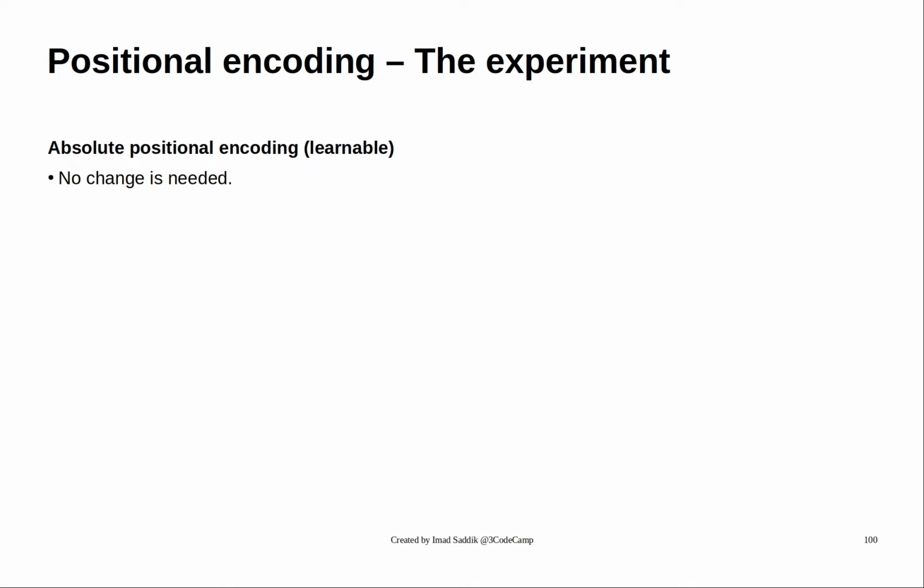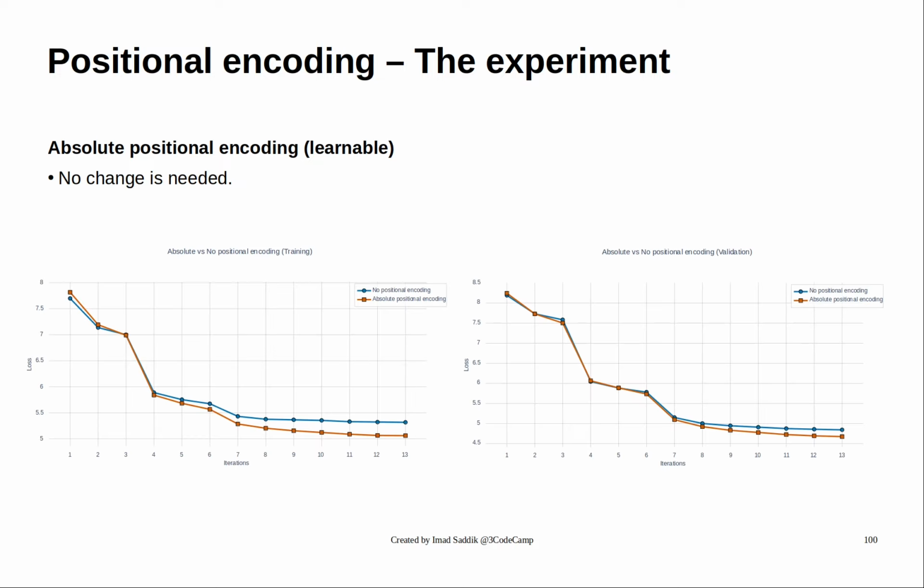So I will not go to VS Code, I will directly show you the results and compare this method to the no positional encoding. Here we have two graphs, one for the training loss and the other for the validation loss.